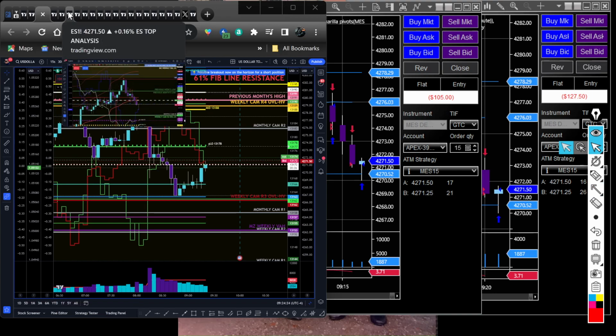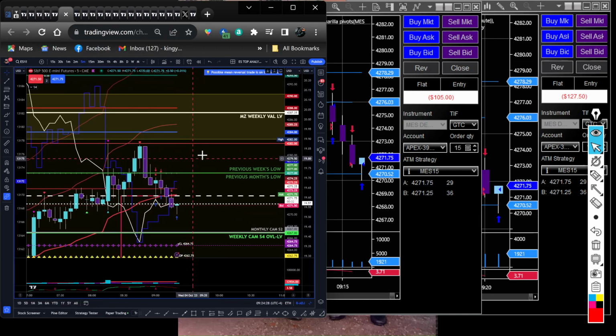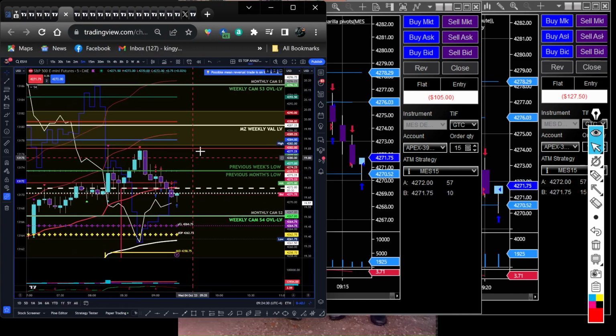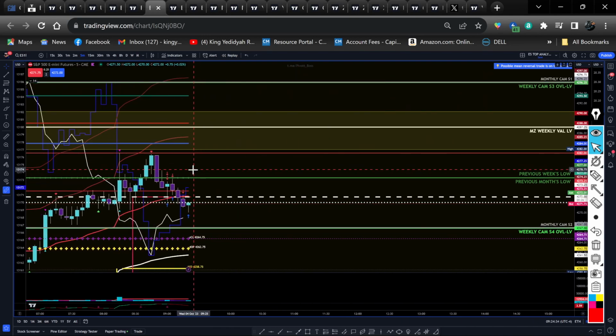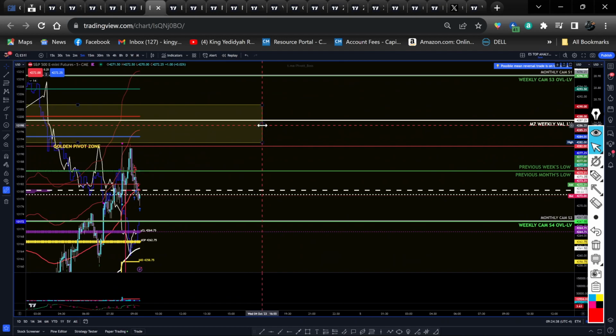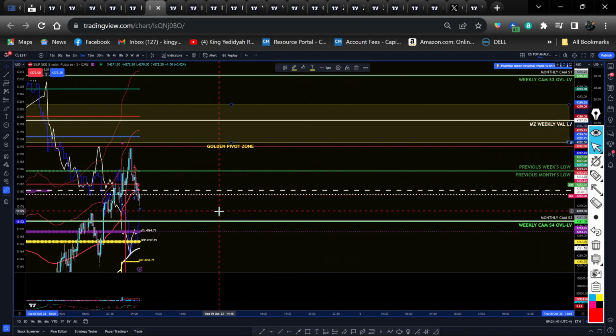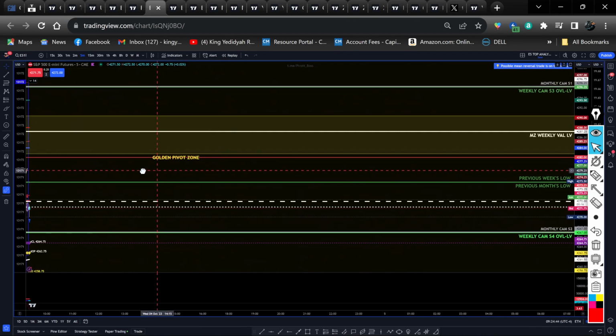Let me go back to the ES chart. Right, so this is my golden pivot zone. Let me just make this bigger real quick. Pull this across so it could be in view. Maybe it's too far. Okay.